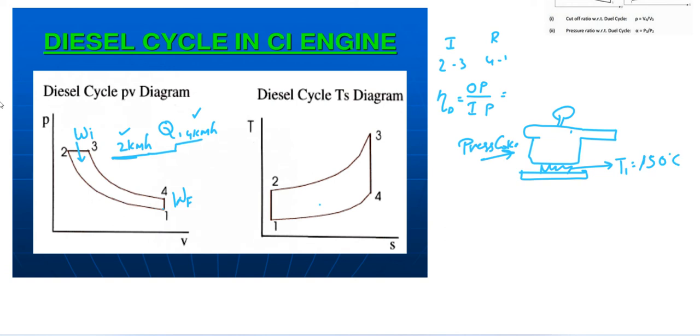Just assume 150 degrees centigrade. Why? In the pressure cooker, there will be some pressure inside. The temperature you get when you remove the cooker after cooking, you may get the final temperature T2 equals 300 degrees centigrade. Ask me why? Because due to the pressure inside the cooker, the temperature increases by itself.